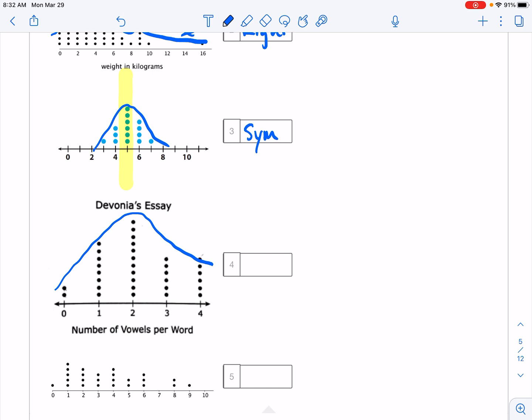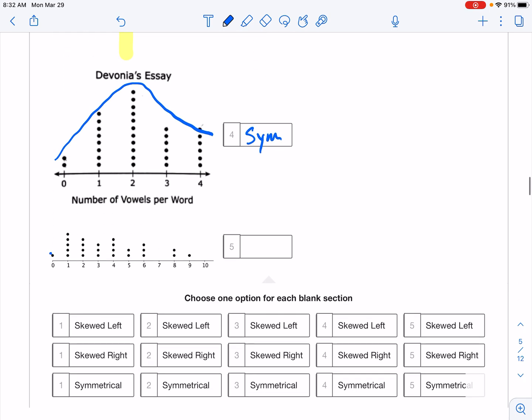Again, this one is not being really pulled one way or the other. So this one is also pretty symmetrical. It's not perfect, but it's also not skewed. And then here it's going downwards to the right the whole time, so skewed right.